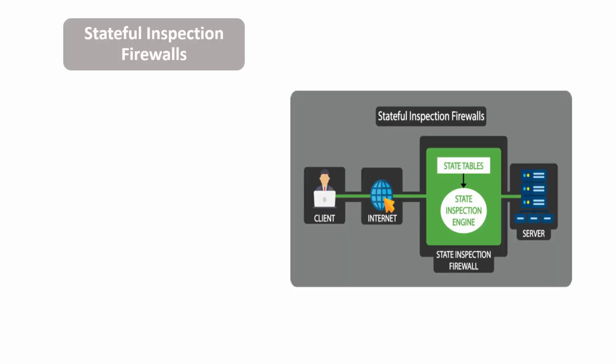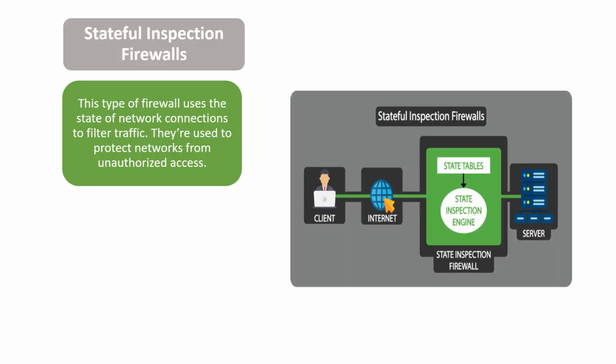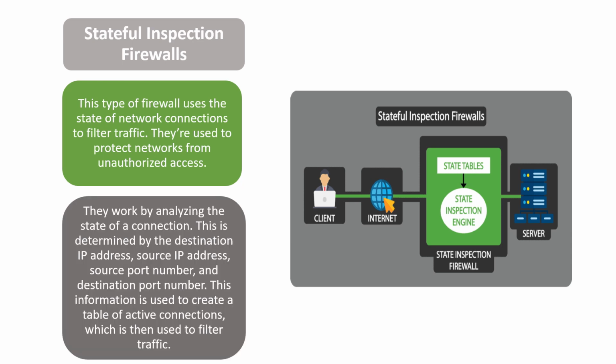The next one is the stateful inspection firewall. This type of firewall uses the state of network connections to filter the traffic. They are used to protect the networks from unauthorized access, and they work by analyzing the state of a connection. This is determined by the destination IP address, source IP address, source port number, and destination port number.